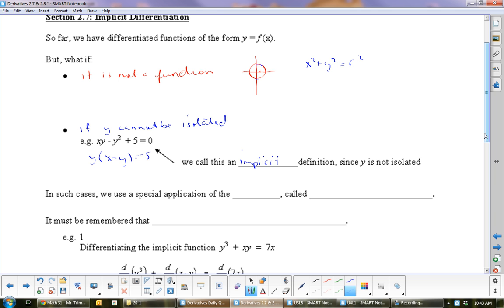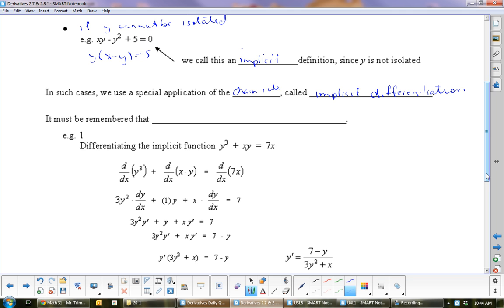In such cases, we use a special application of the chain rule, which is awesome because we learned that yesterday, called implicit differentiation. It must be remembered that y is a function of x.